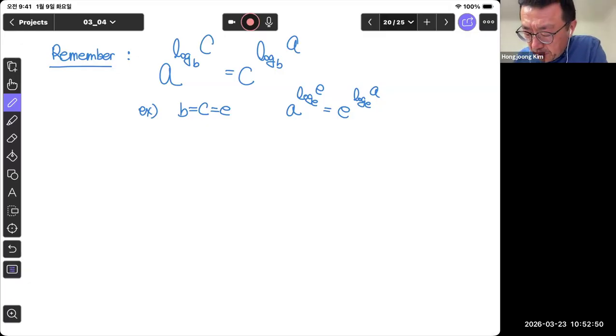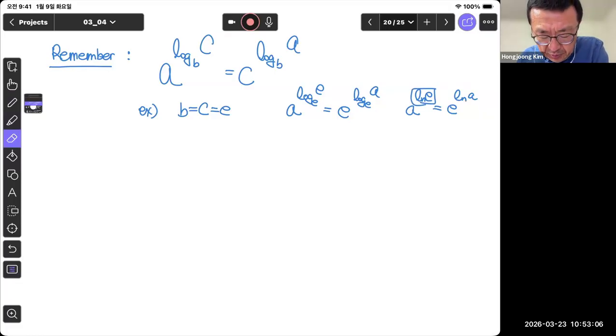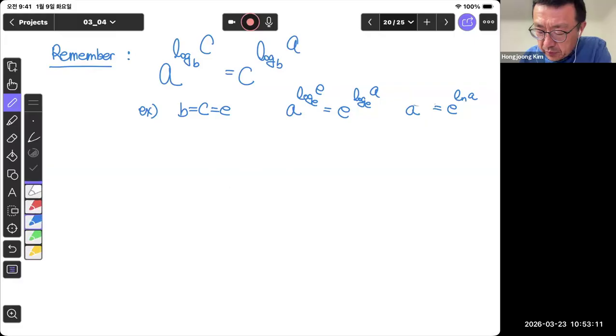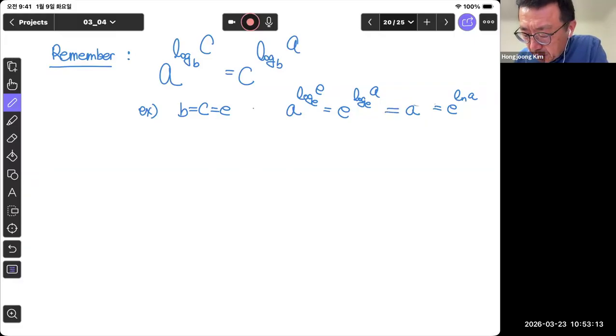So in other words, a to the ln e is the same as e to the ln a. But note that ln e is just 1. So that means I can erase this. Okay. Because ln e is just the value 1. So for any number a, we can rewrite this a as e to the ln a.